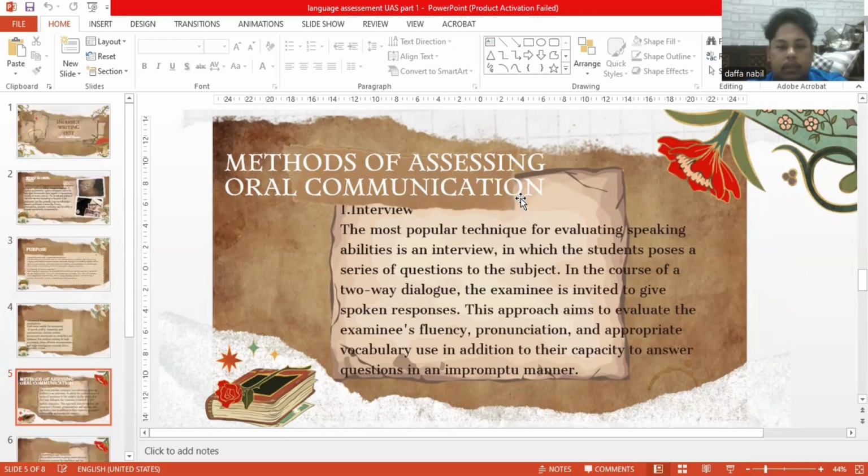In the course of two-way dialogues, the examinee is invited to give spoken responses. This approach aims to evaluate the examinee's fluency, pronunciation, and appropriate vocabulary used, in addition to their capacity to answer questions in an impromptu manner.